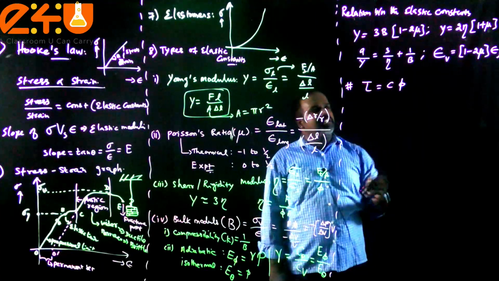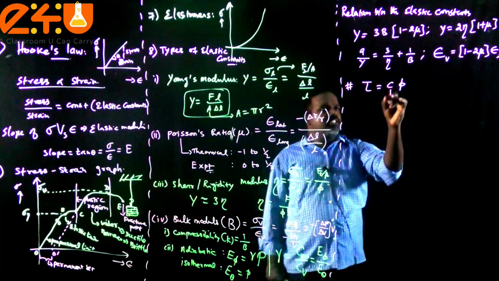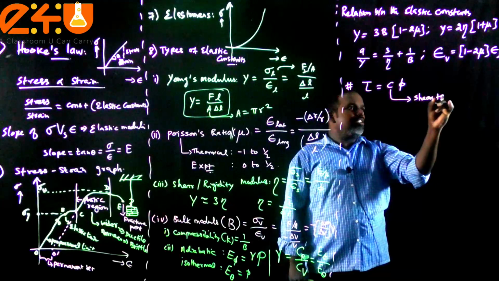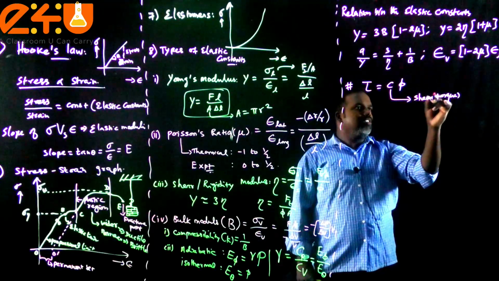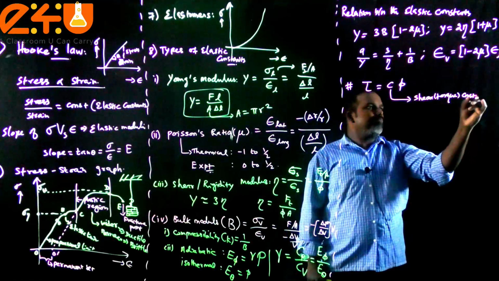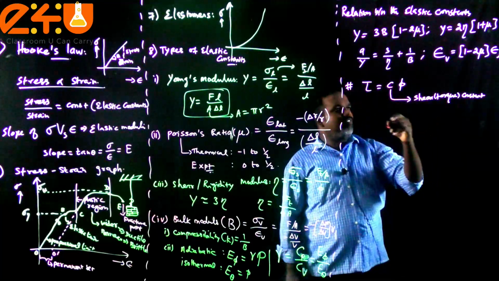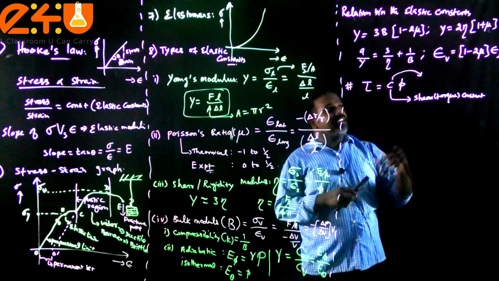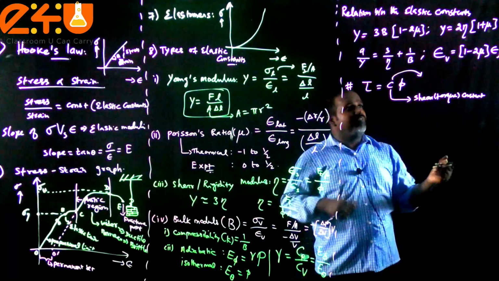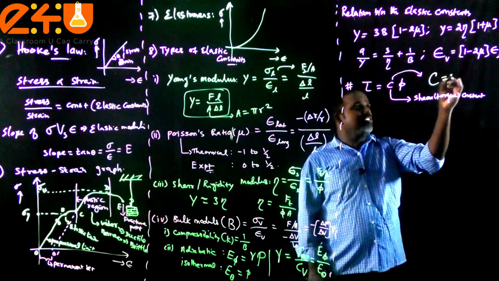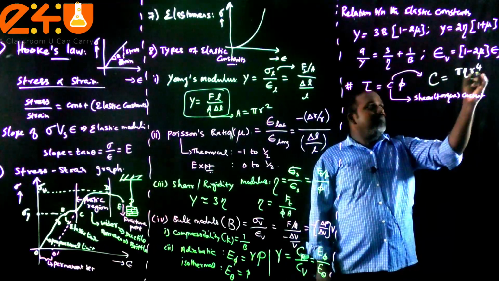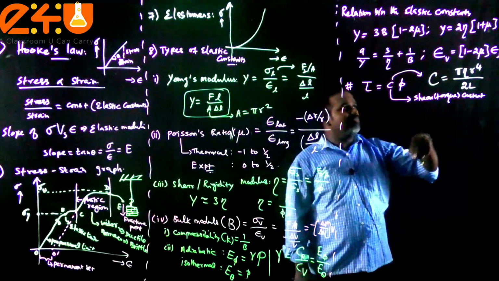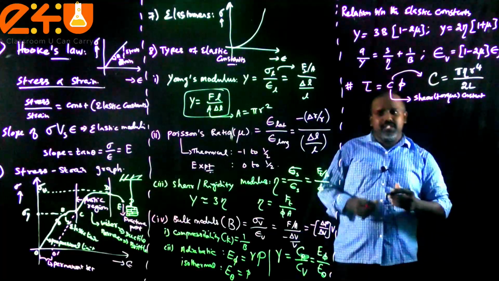This constant is called the shear torque constant, whose value is given for a wire. We must memorize it from the examination point of view for quick calculations. So C is equal to pi eta r to the power 4 divided by 2L, where r is the radius of the wire, L is the length of the wire, and eta is the shear modulus.